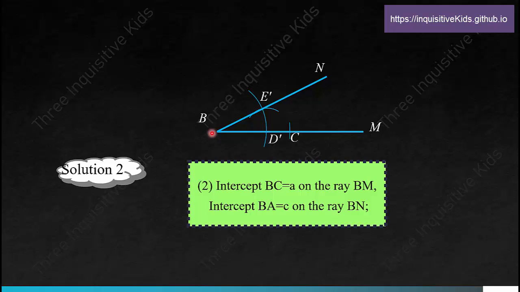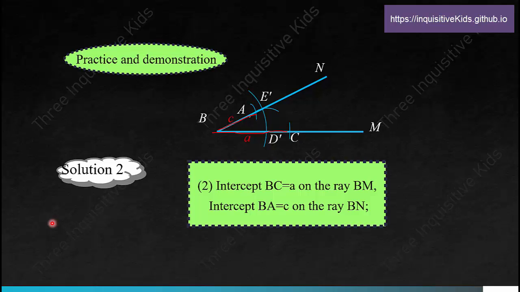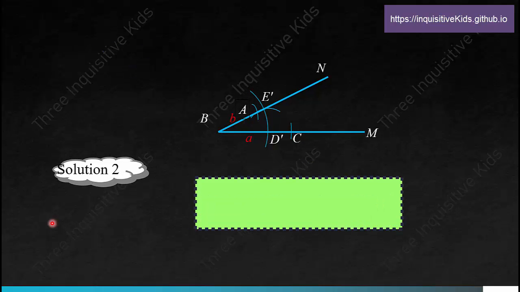So point B, and this would be C. So then this line segment here would be A. And then we just measure C, and then on BA, this is C over here. So then that would be side C. So this is a practice and demonstration.